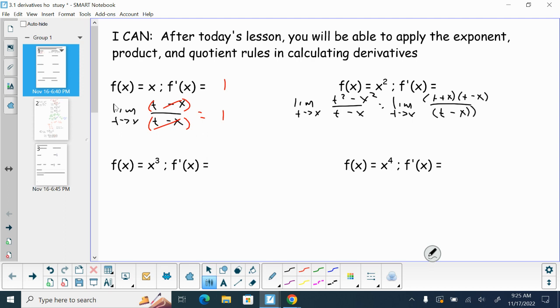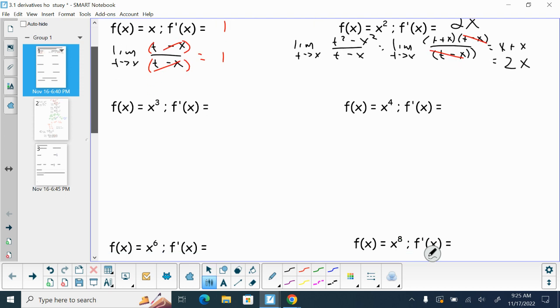Once again, the t minus x's, they move to Texas, leaving us with x plus x, which is 2x. So the derivative of x squared is 2x. Once again, don't sit there and try to run. I'm going to go very quick with these limits. Okay, those are pretty easy because those are easy factors.